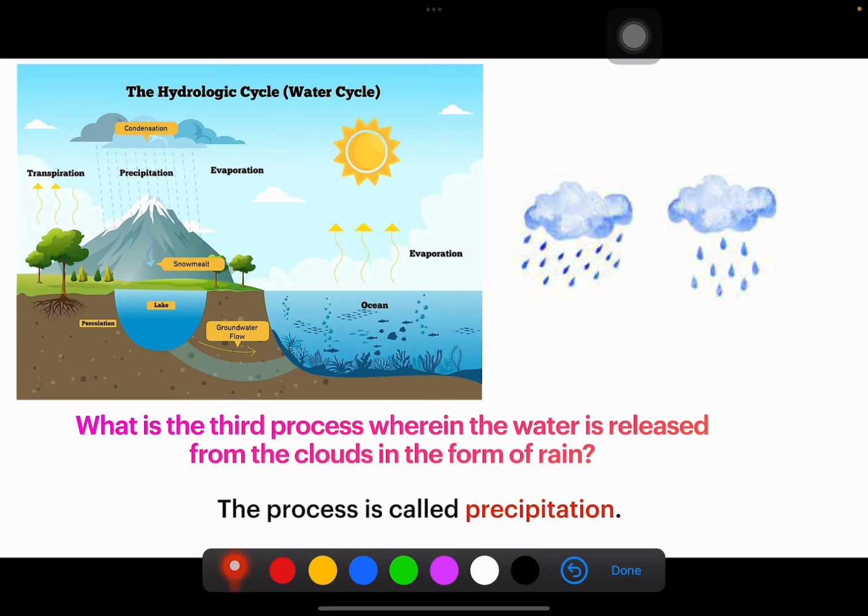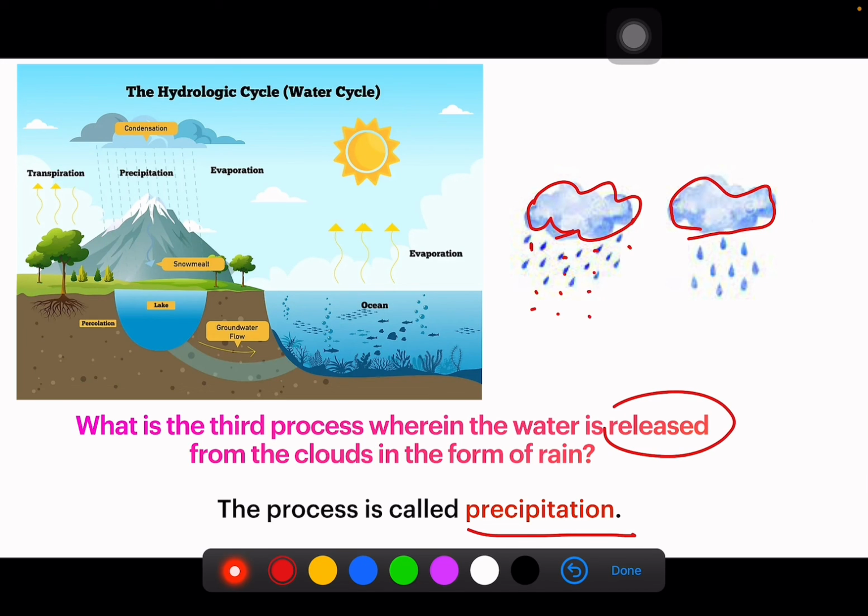What is the third process wherein the water is released from the clouds in the form of rain? The process is called precipitation. So, the water in the clouds is released.